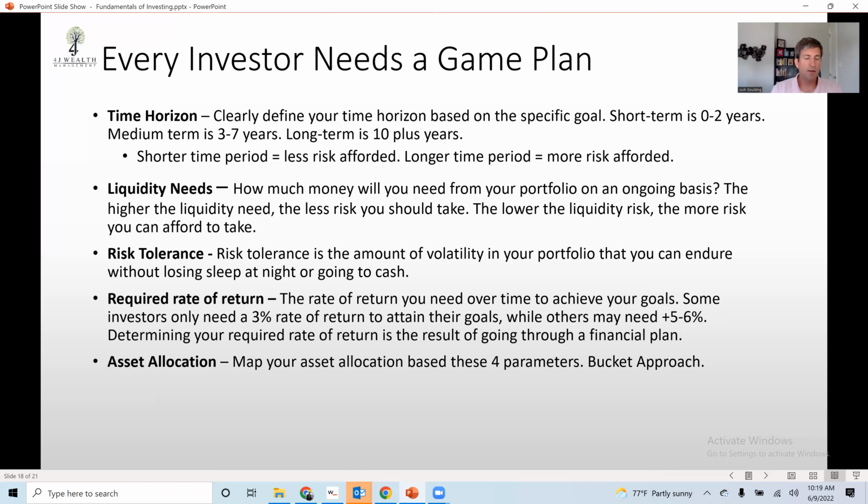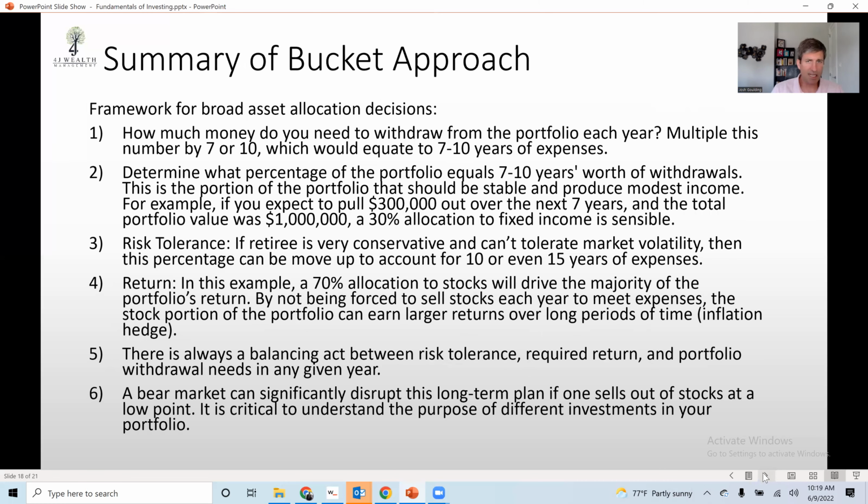And then the asset allocation, right? How you allocate your portfolio should be based on these 4 parameters. We use what we like to call a bucket approach, which we'll go through now, as a template for broad asset allocation decisions. Anyone can go through this for themselves, but the first question is, how much money do you need to withdraw from the portfolio each year?